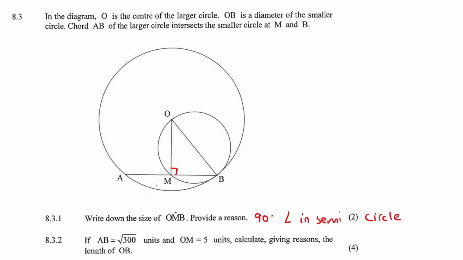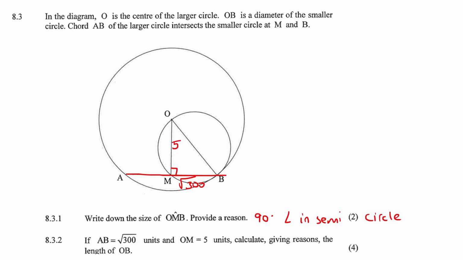Now, if AB is the square root of 300, and OM is 5, calculate the length of OB. Very easy question, because one of our first theorems we learned in grade 11 is that if you have a circle with a center and a chord, and there's a line from the center to the chord at 90 degrees, then it automatically divides the chord into 2 equal halves.